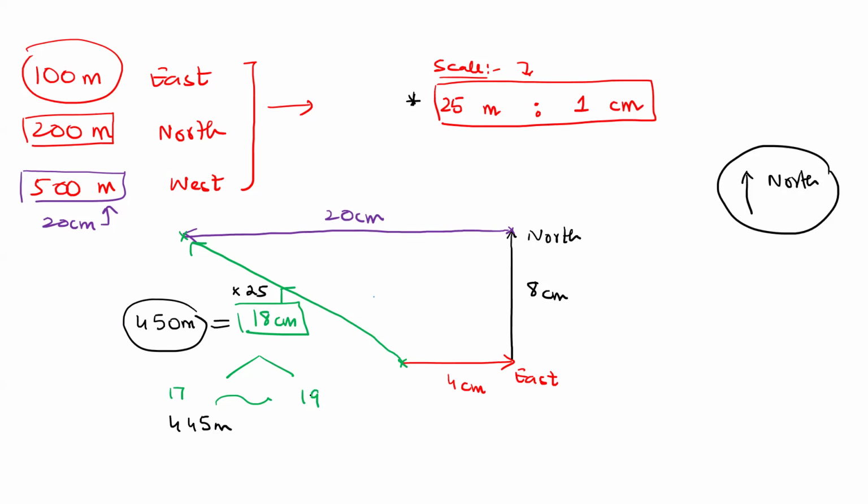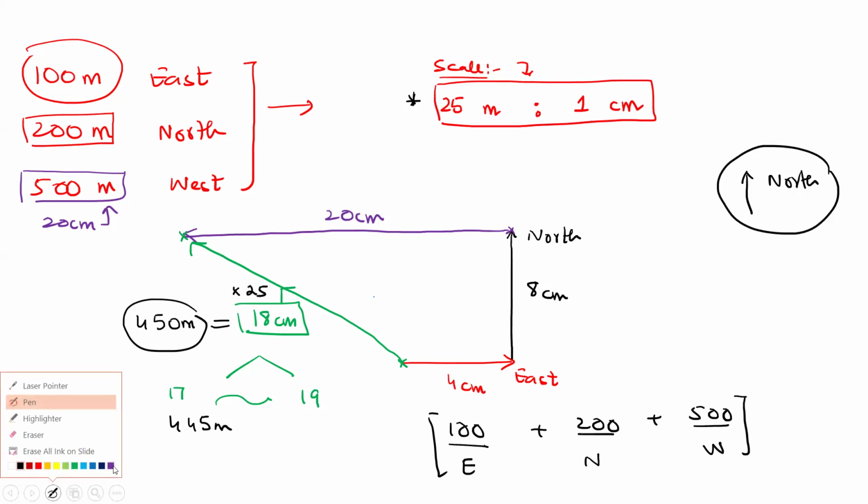Now, what I wanted you to understand here is, we cannot just add 100 plus 200 plus 500. Why? Because each of these numbers is not only a number, they had a specific direction. So we cannot just add them up simply, right? That's what is different with vectors. So what you have done here is you have worked out the displacement.